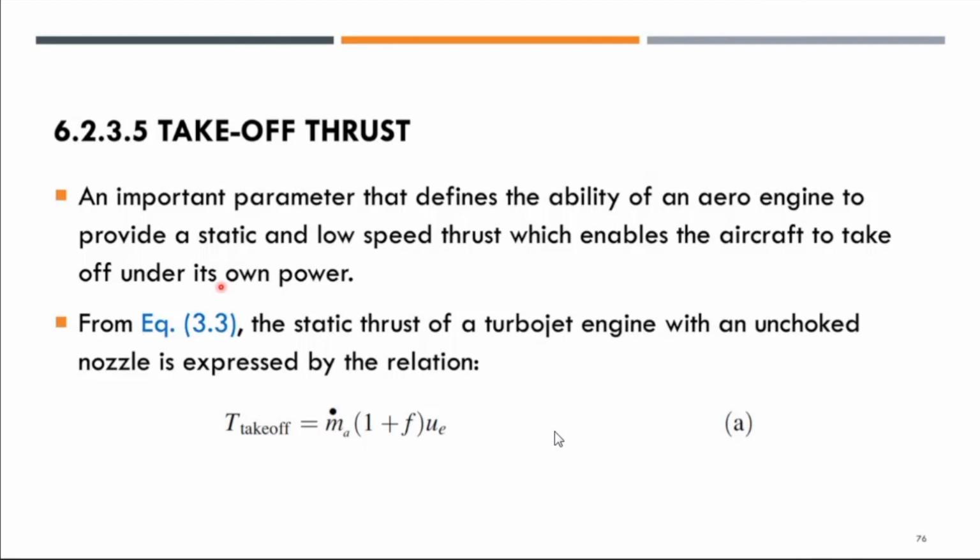Equation 3.3, the static thrust of a turbojet engine with an unchoked nozzle, is expressed by this relation. Takeoff thrust is equal to the mass flow rate of the air times 1 plus the fuel to air ratio times the exit velocity. Okay, so this is how you calculate the takeoff thrust.